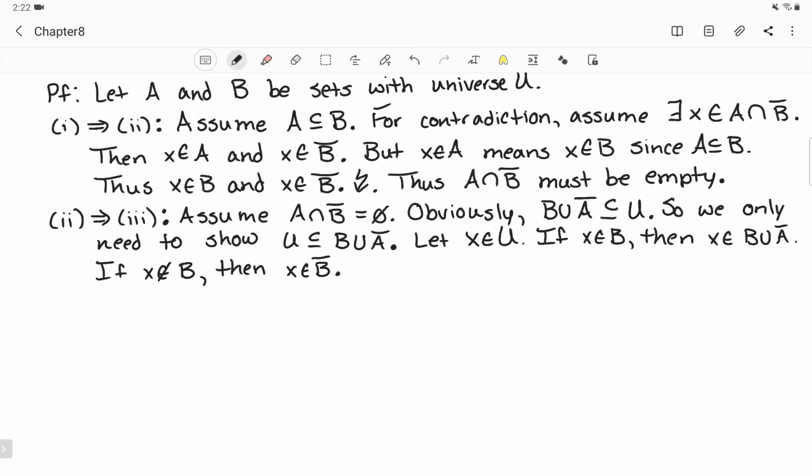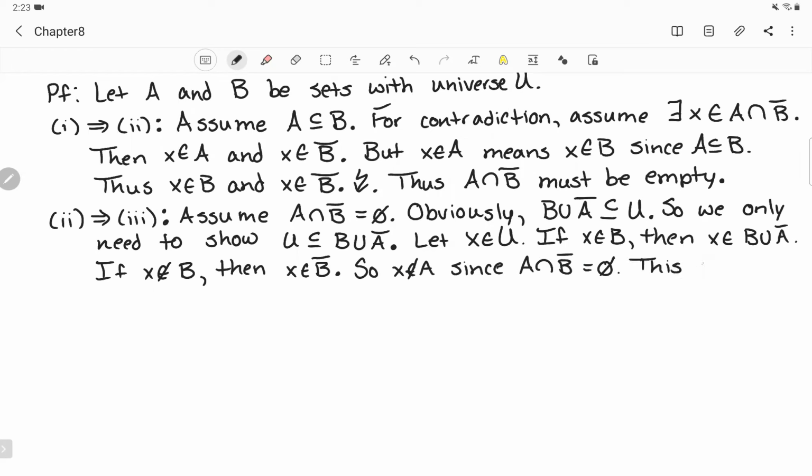Now look at my initial assumption for this part. What did I assume? A and B complement have nothing in common. Their intersection's empty. So if X is in B complement, what do I know for a fact? It's not in A. So X is not in A since A intersect B complement equals the empty set.